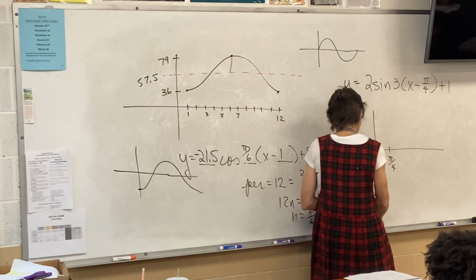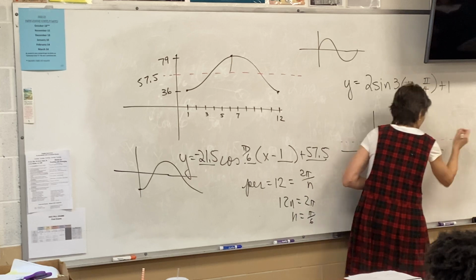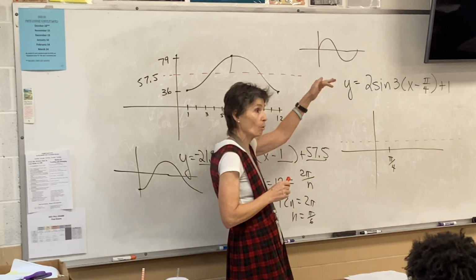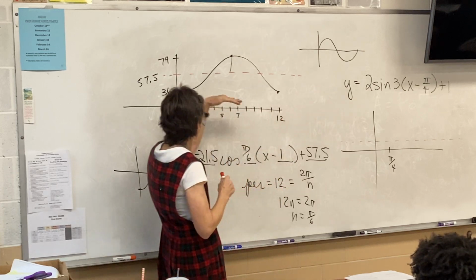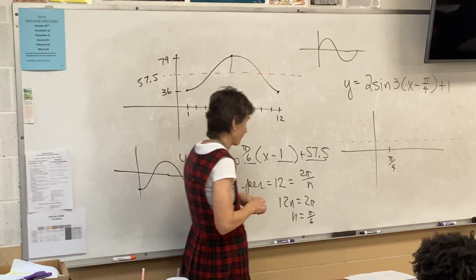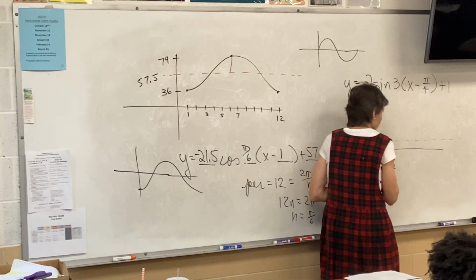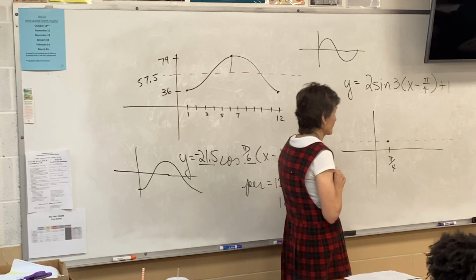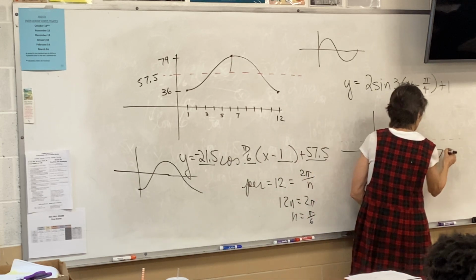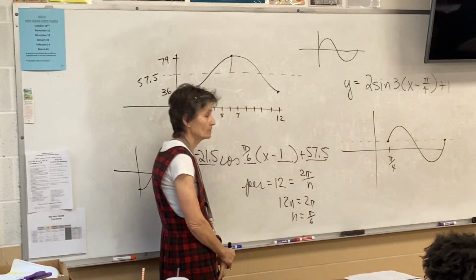Or you know what? Why don't we go ahead and just put our new axis in? There's our new axis. Aren't we lifting this whole picture up 1? Just like we lifted this one up 57.5. So the point that was there is now going to be there. And here's going to be my picture. There it is. There's my sine curve.